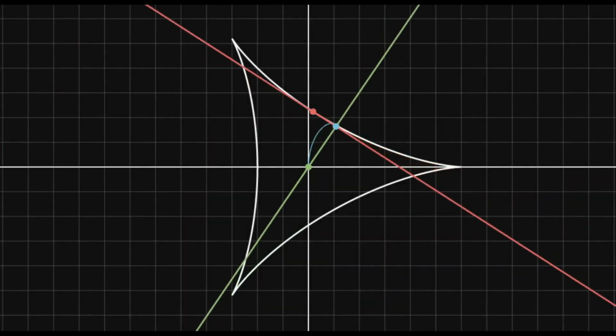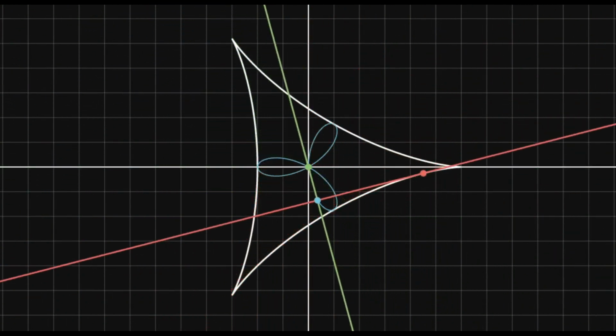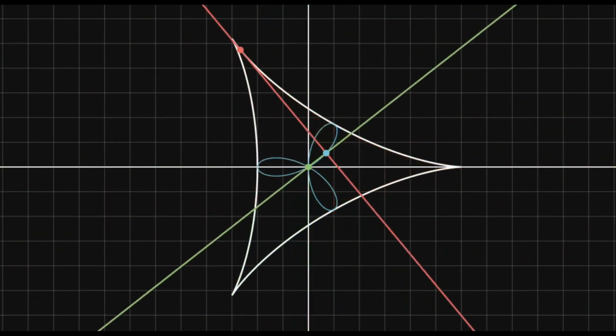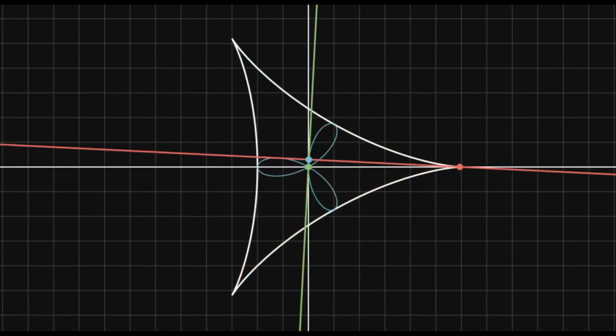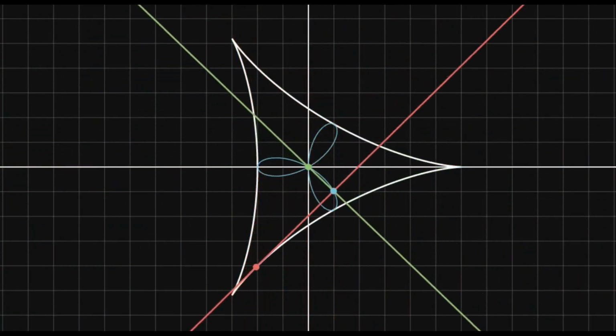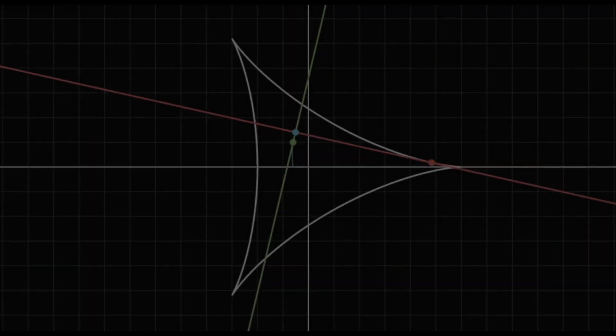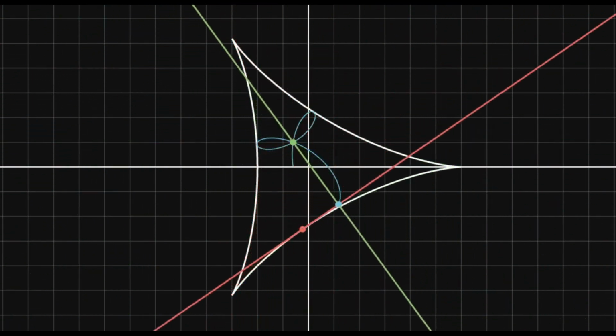Sticking to the theme of roulettes, deltoids have a multitude of interesting pedal curves. If the pedal point is in the center, we obtain a curve called a trifolium, or three-petaled rose. If we move the point around inside the deltoid, we can obtain asymmetric versions of it.